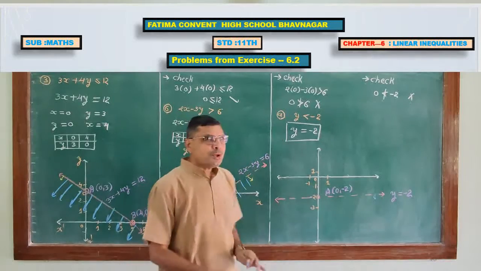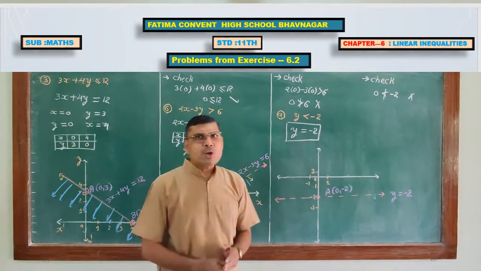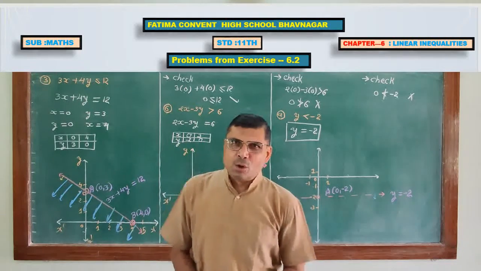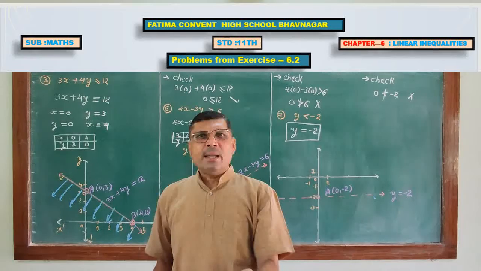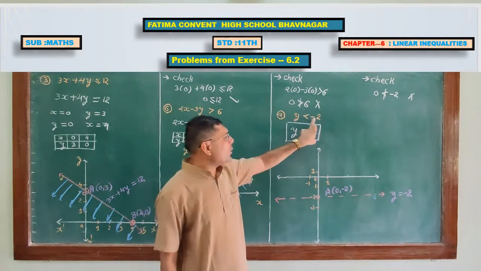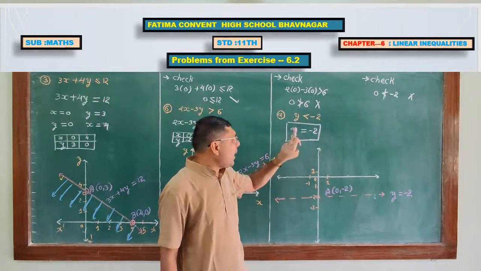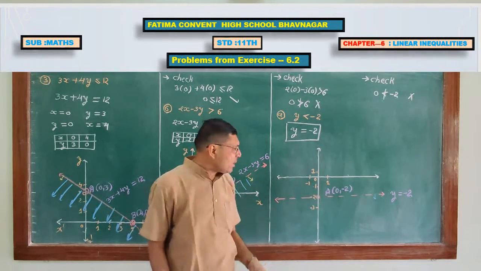Now, the ninth question is very easy. Remember, you learned this type of sum in 9th standard also: x equal to a line, y equal to b line, and so on. So y is less than or equal to minus 2 means the line y equal to minus 2. The graph is very simple.